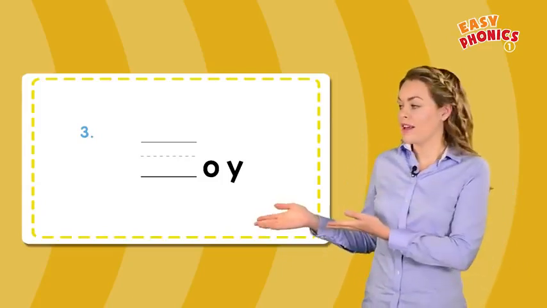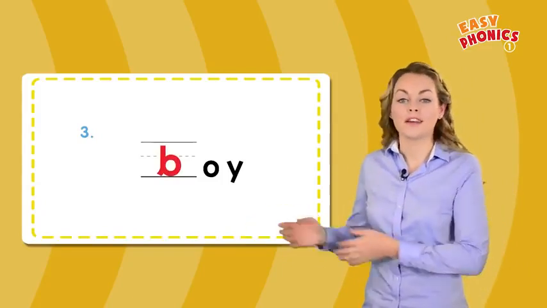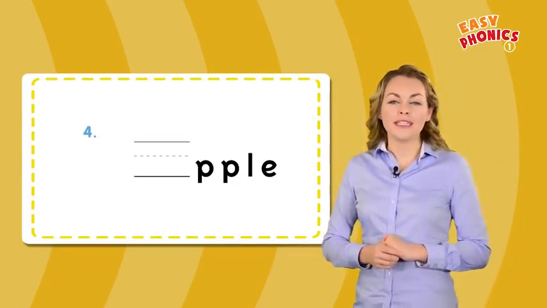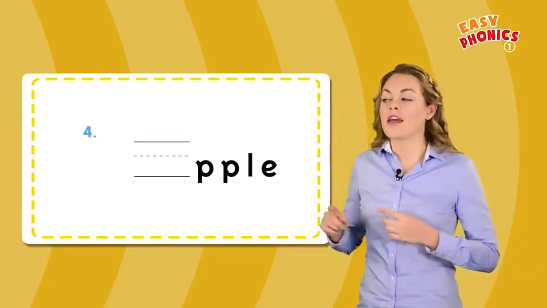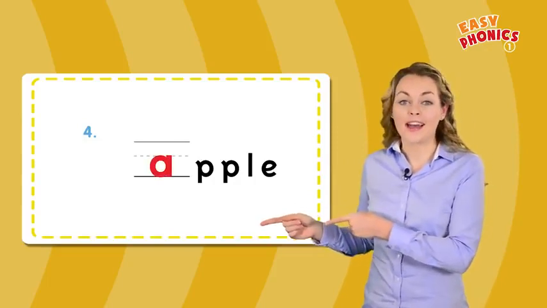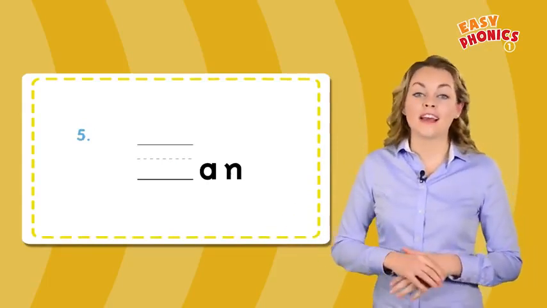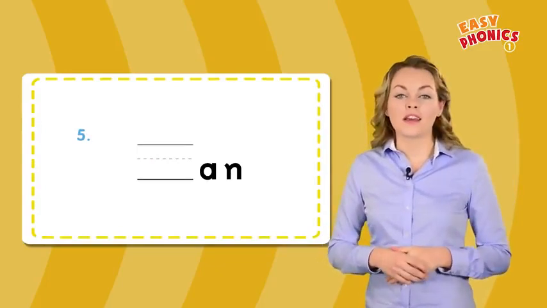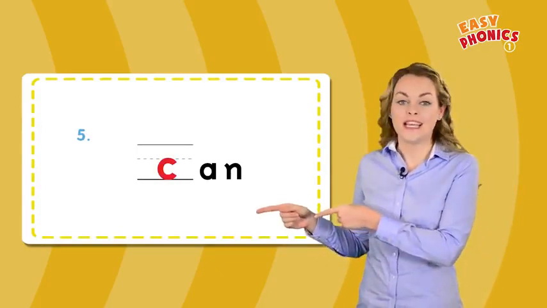Boy. Begins with a B. Number 4, apple. Which sound does apple begin with? That's right, an A. 5, a can. Can begins with K. It's a C.